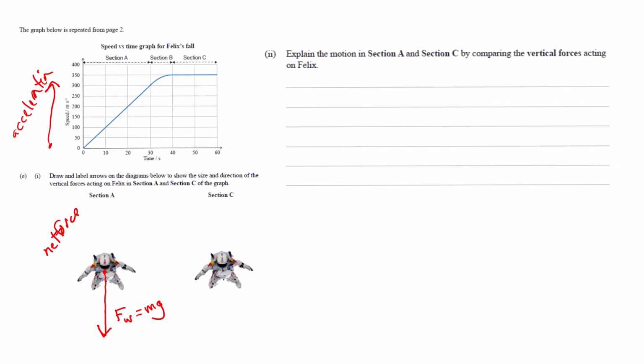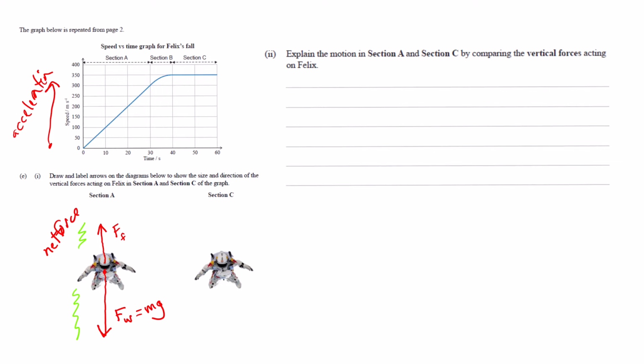It's the friction force. Friction force we'll call Ff. We might call it a drag force, but we'll stick with friction at the moment. And because Felix is accelerating, his weight force is larger than his friction force. So that gives a net force downwards, producing an acceleration.